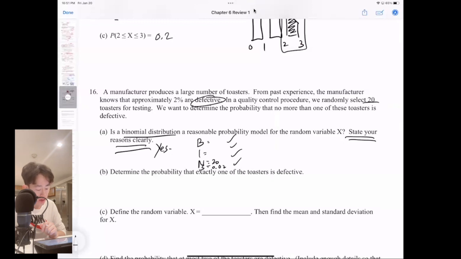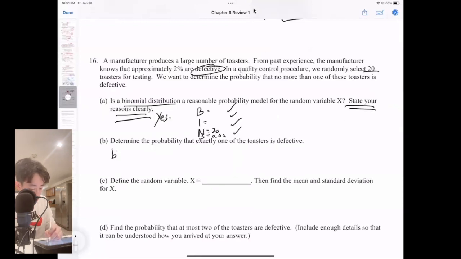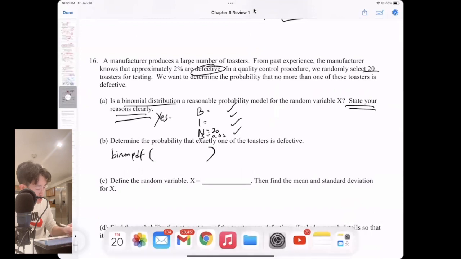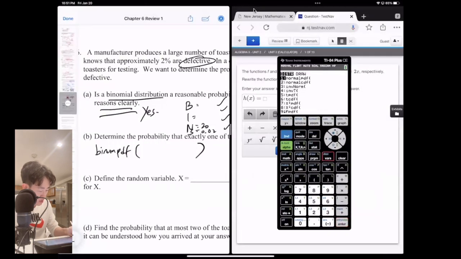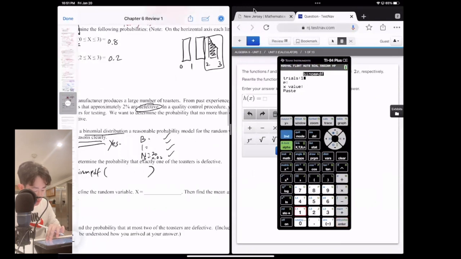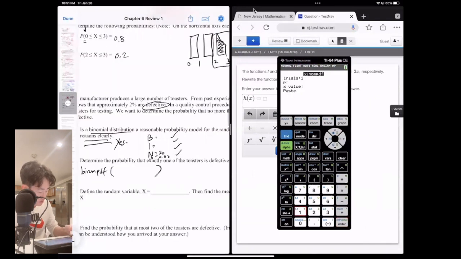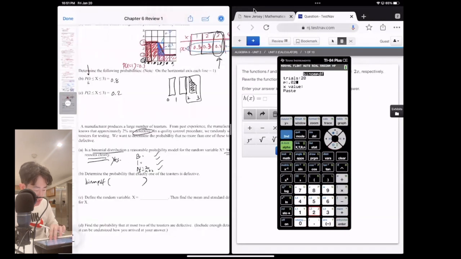Part B, determine the probability that exactly one of the toasters is defective. So we're going to do binomial PDF of all the numbers that are given to us. The first thing it asks is the number of trials here. There were 20 trials, with 0.02 being defective.